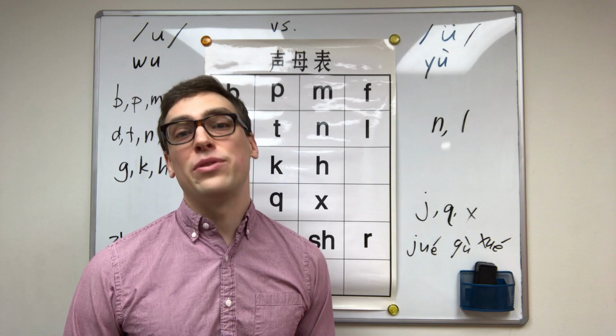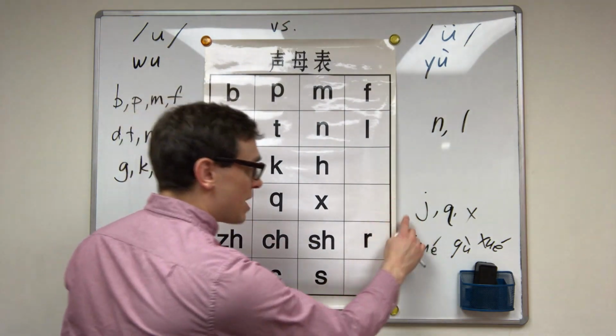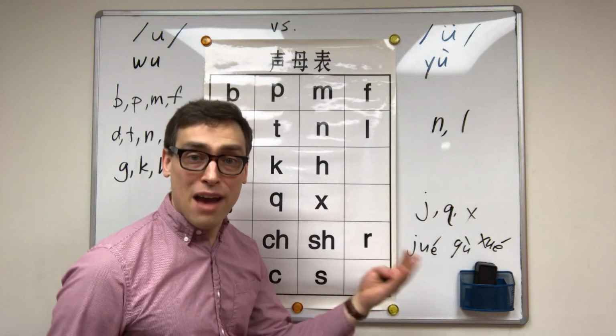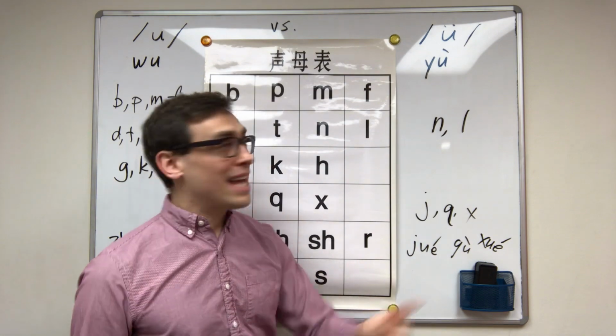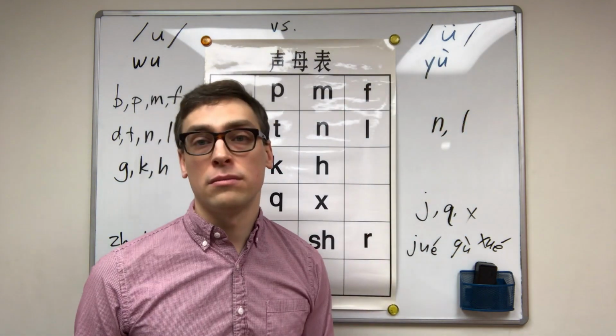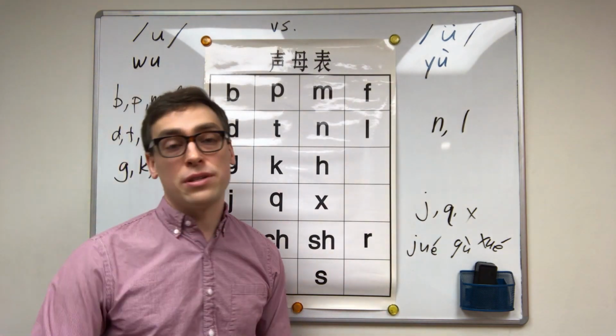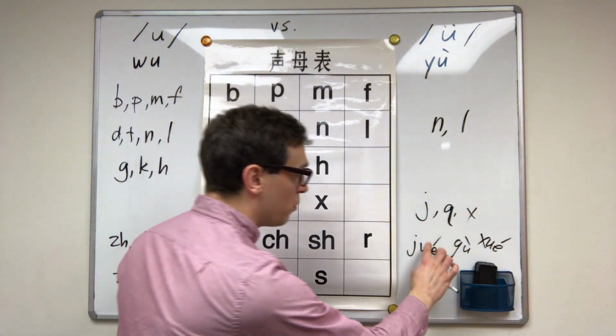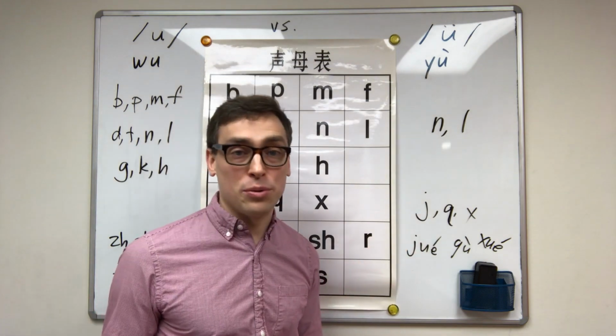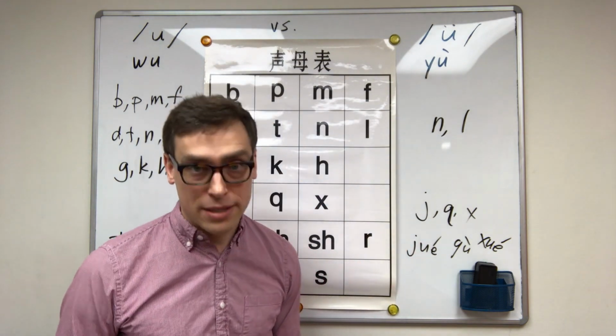Why is that? They're trying to save you some time. So whenever there's a j, a q, and an x, and afterwards we have a u, it can only be this one. It can never be this one. Therefore, in order to save you some time, the rule goes, you do not have to go back and put in the two dots.